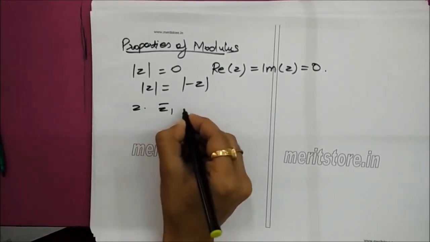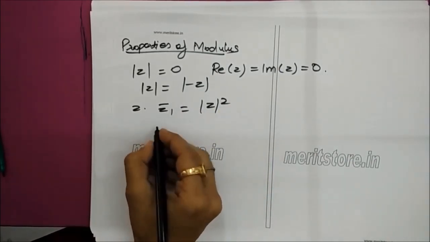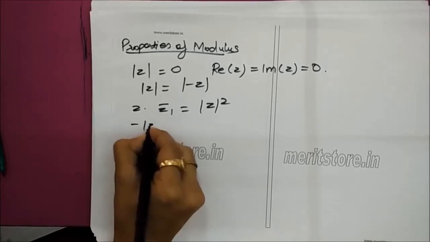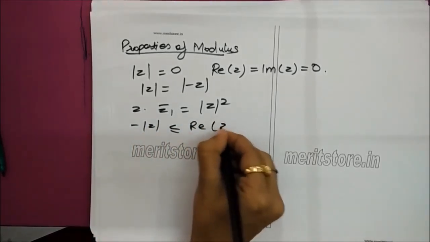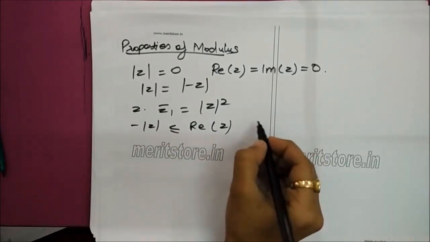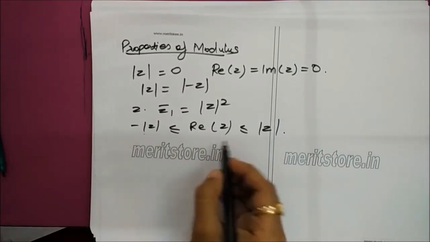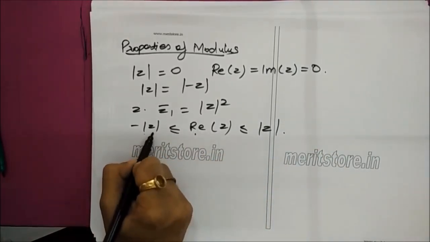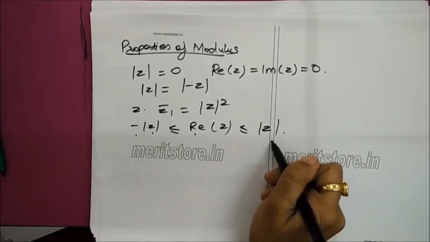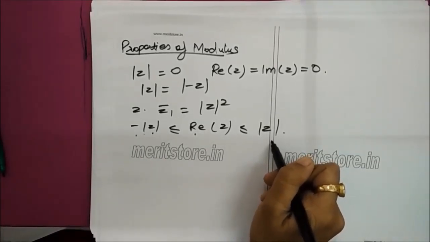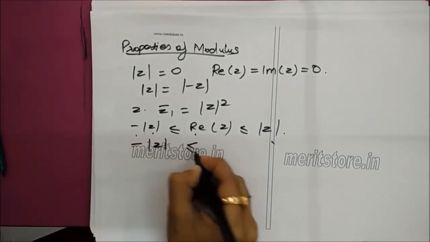Z into z bar is equal to modulus z square. Next, the real part will be greater than negative of modulus and less than positive of modulus. And similarly, we can define the same for the imaginary part.